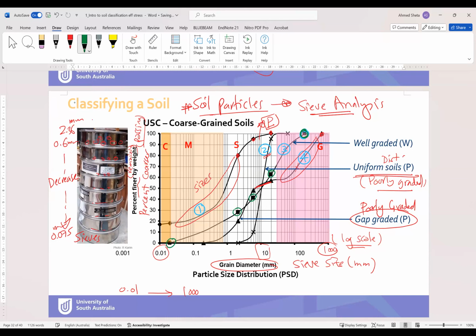That's why number 3 is considered as well-graded soil, or W. Okay, so this particle size distribution curve gives us also an indication about whether it is poorly graded or well-graded soil, using sieve analysis. Okay. Do you have any question, guys?